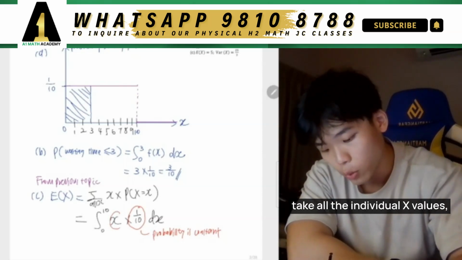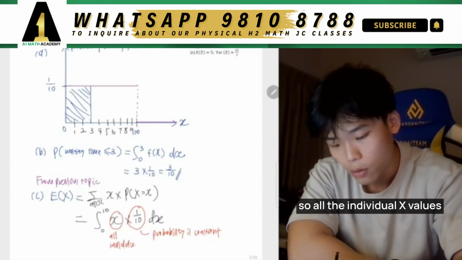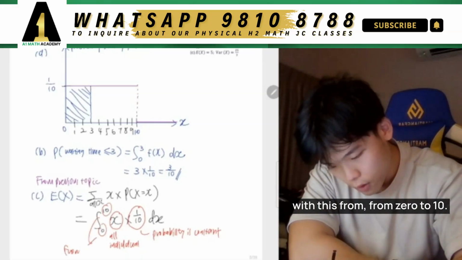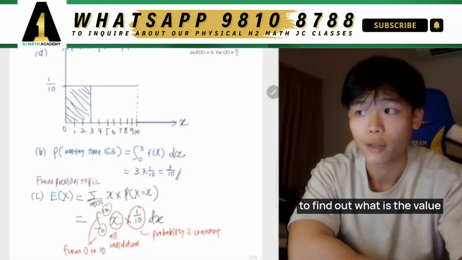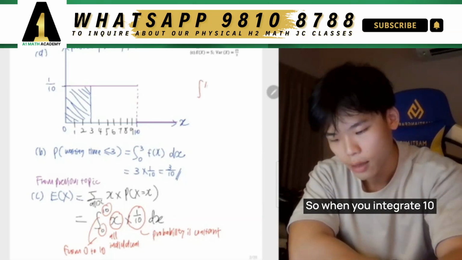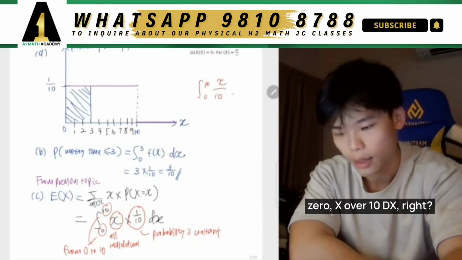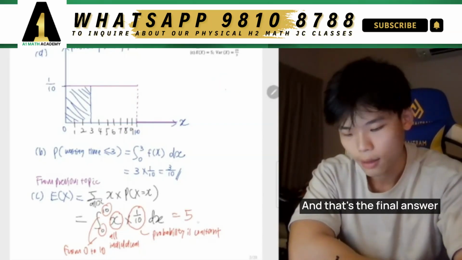And then we are trying to take all the individual x values from 0 to 10 over here. And we are essentially trying to find out what is the value that we get at the end, right? So when you integrate, from 0 to 10, x over 10 dx, right? You do your simple integration, you get that the value over here is 5, and that's the final answer to this over here, right?